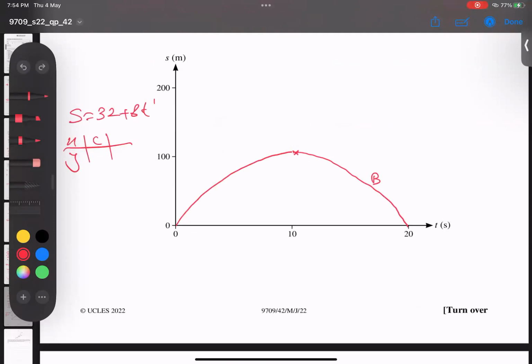When I plug in t equals 0, the term is gone and I get 32. And when I plug in any number, for example 10, 80 times 10 is 800, hmm, 8 times 10 is 80, and 80 plus 32 comes to 112.